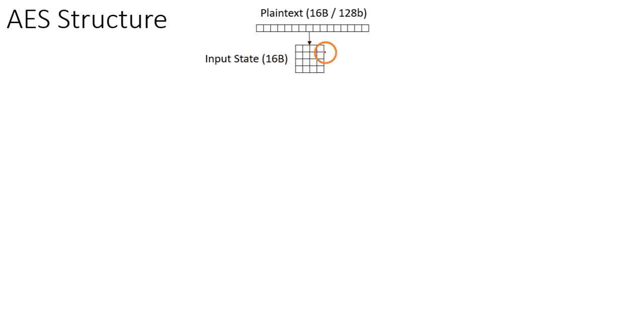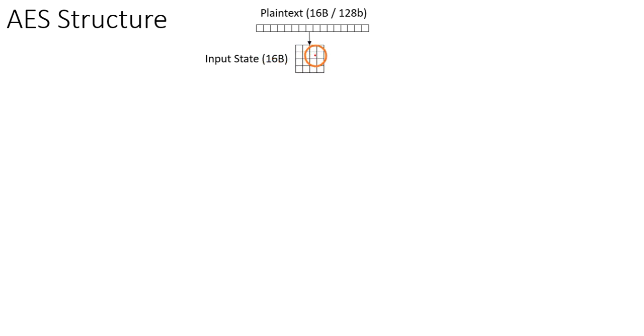This is 4 by 4, which is 16 bytes. Each square is 1 byte. So in total, 4 by 4, 16 bytes.